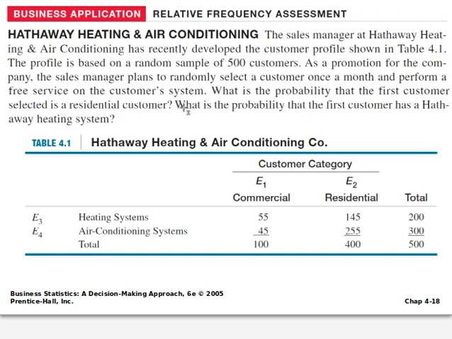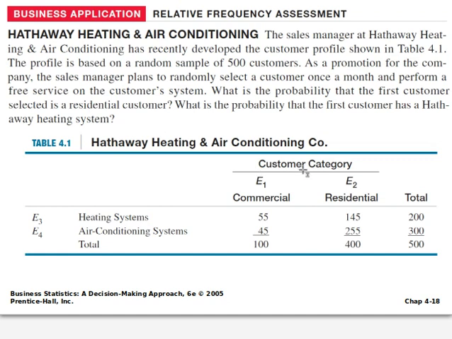As a promotion for the company, the sales manager plans to randomly select a customer once a month and perform a free service on the customer's system. What is the probability that the first customer selected is a residential customer? What is the probability that the first customer has a Hathaway heating system?